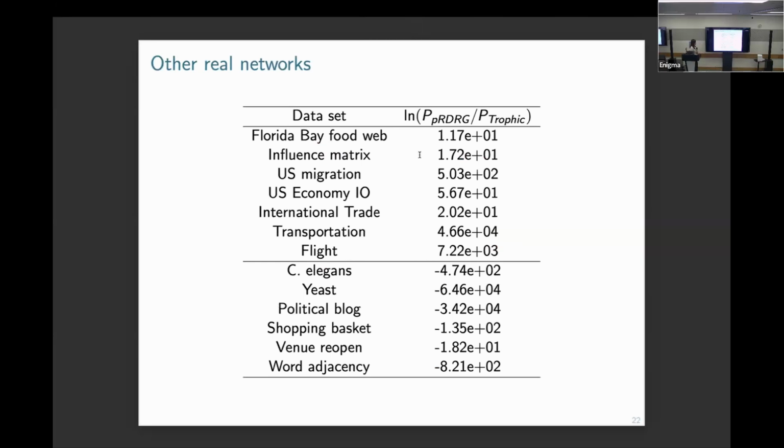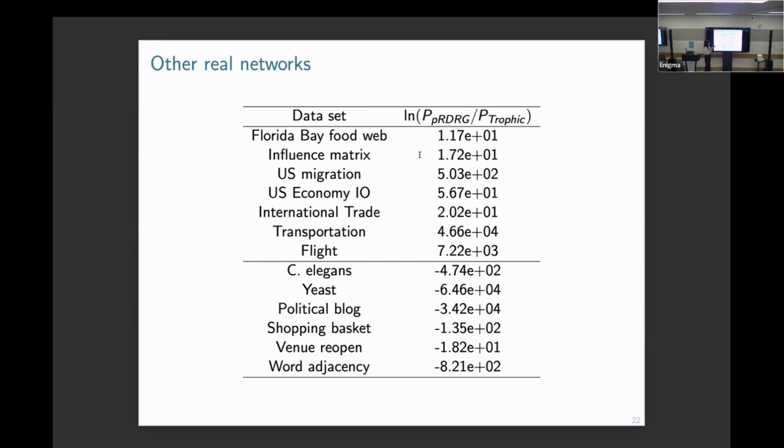Furthermore, we did more experiments using a set of various data from social and biological networks, and compared the log likelihood between the periodic version and the linear trophic version. The positive values on the top basically suggest that the structure is more periodic. So we have the Florida Bay food web, an influence matrix, basically how different factors like socioeconomic factors influence each other, where the data is acquired by survey.